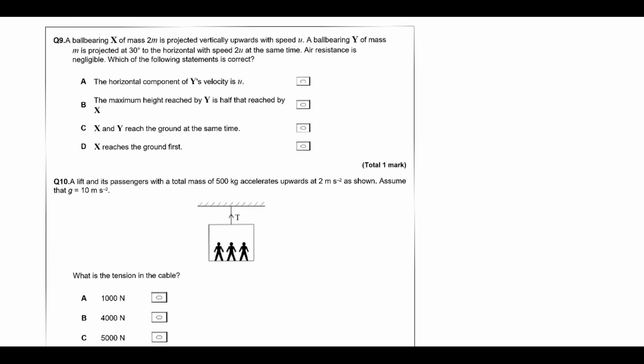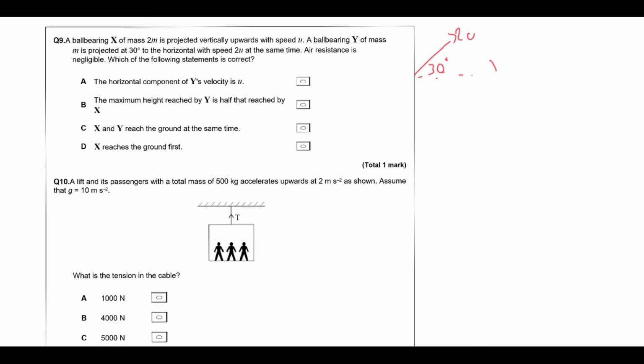Right, so we've got a ball bearing X of mass 2m projected vertically upwards with speed u. Ball bearing Y of mass m projected 30 degrees to the horizontal with speed 2u. Air resistance is negligible. Which of the statements is correct? The horizontal component of Y's velocity is u.